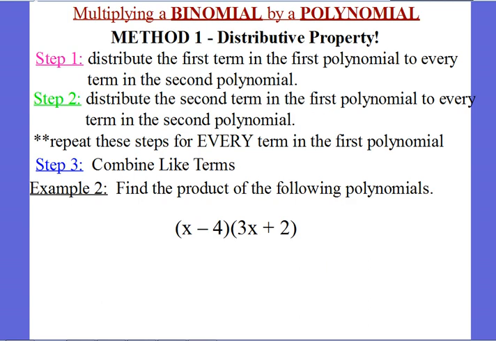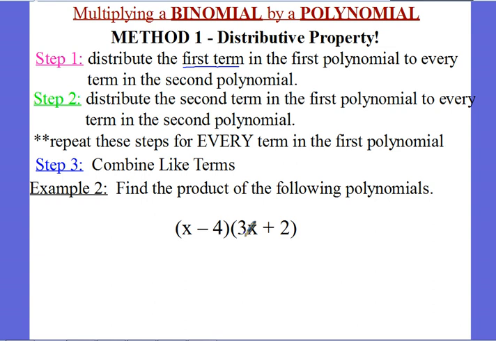Okay, so we're going to take a look at another method. Here we're looking at the same strategy but multiplying a binomial times a polynomial. So our first step is we're going to distribute the first term in the first polynomial to every term in the second polynomial. So we take a look at our example here to find the product of the following polynomials.